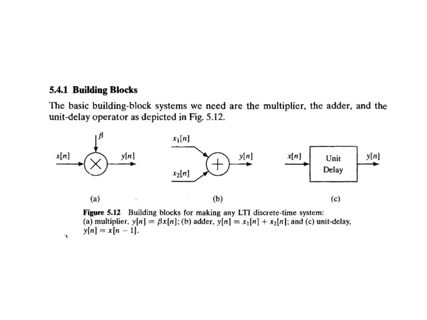These three functions, multiplication, addition, and delay, have to be carried out by the computer. The computer has to have a way of doing these three functions, and it has to have a way of doing them very fast, on the order of billions of operations per second.